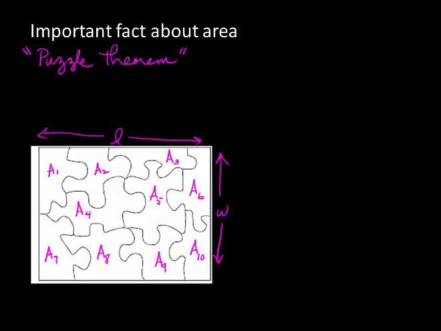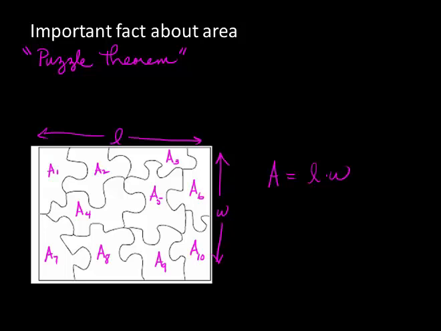This next little theorem is just a name I made up to help you remember it. It's something that you know intuitively, but it's worth saying because we use it in all three proofs of the Pythagorean theorem. If you have, as in this case, a rectangular puzzle here, we know that the area of the puzzle is the length times the width because it's a rectangle.